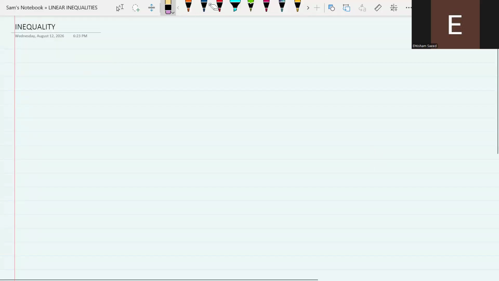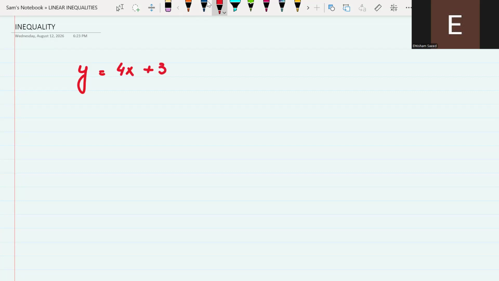So for instance, if I write y is equal to 4x plus 3, this is an equation. This equal to sign makes this an equation. But why do we call it a linear equation?